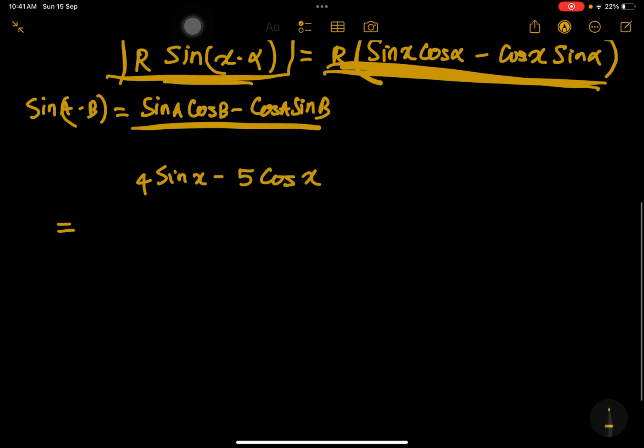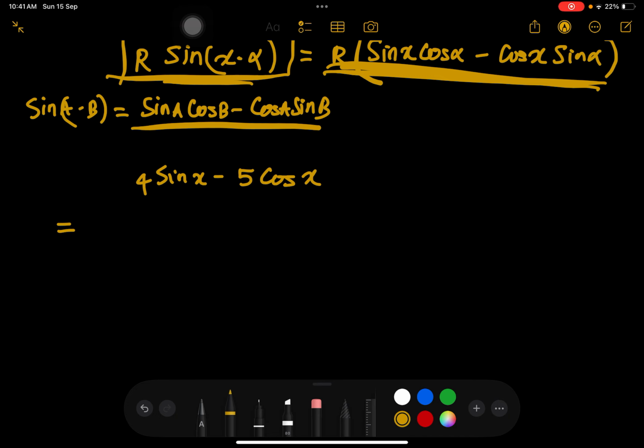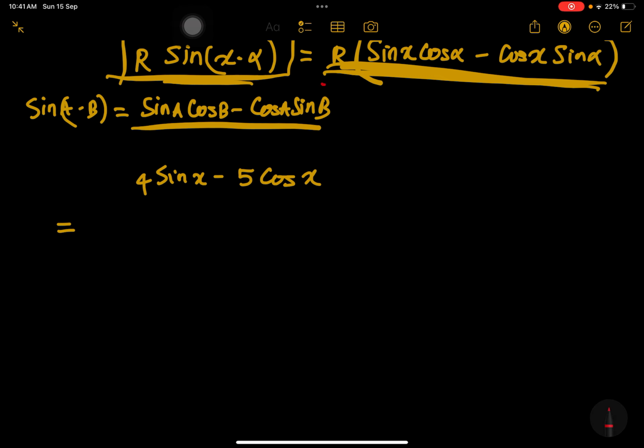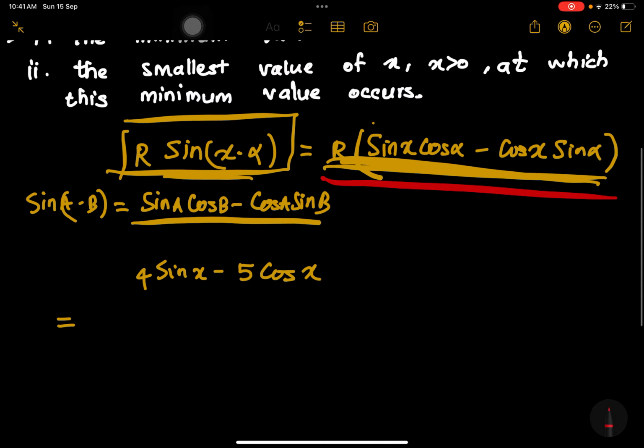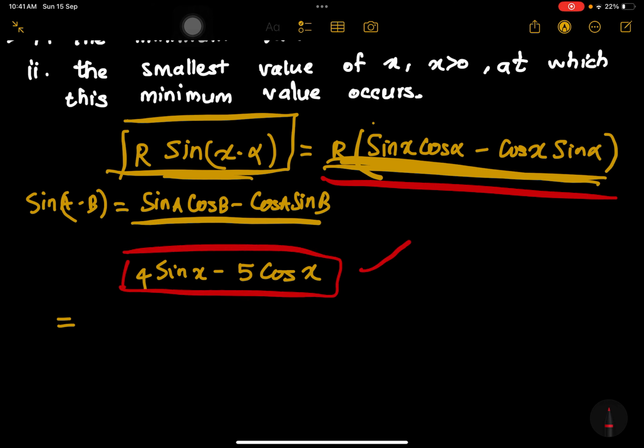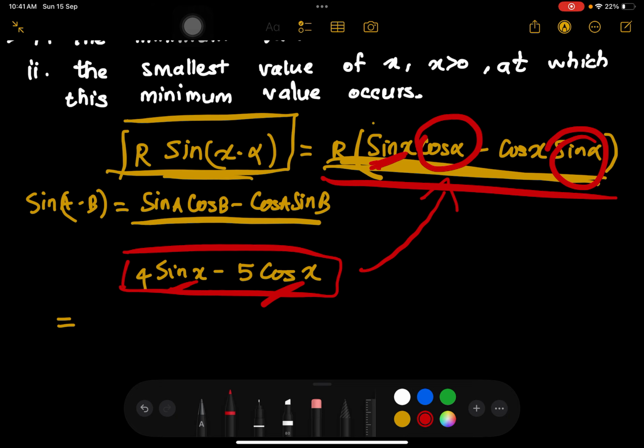We are going to match this up with the complete formula. Sin x is there, and cos alpha is there; cos x is there, and sin alpha is there. So you have to make some little changes to this equation.